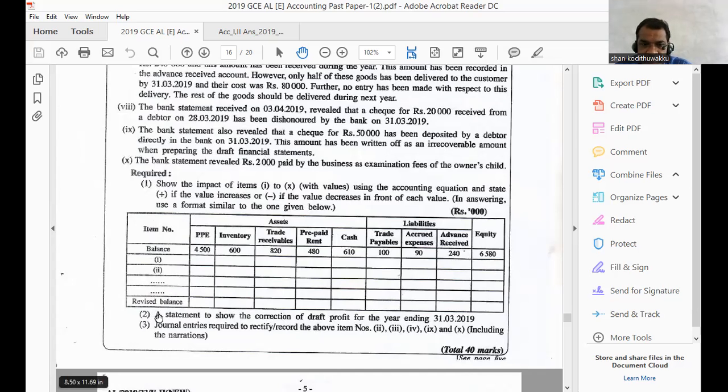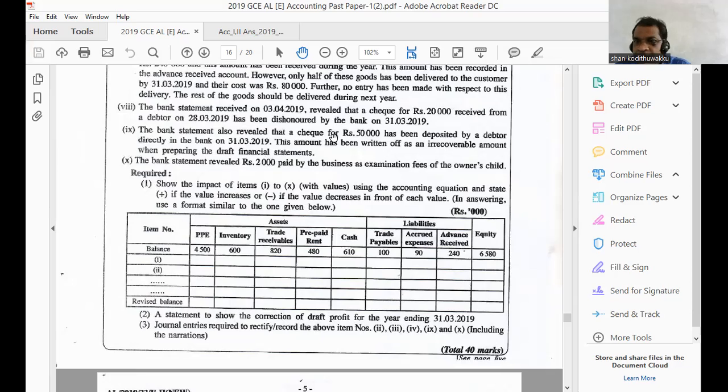Then part 2, a statement to show the correction of draft profit for the year ended 31st March 2019. We can discuss part 2 secondly. Then we can draw this format and adjust each and every adjustment from 1 to 10.